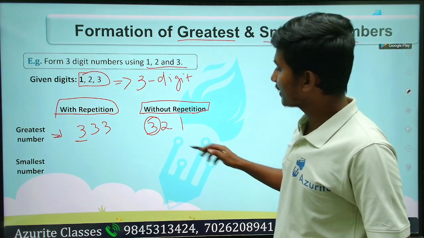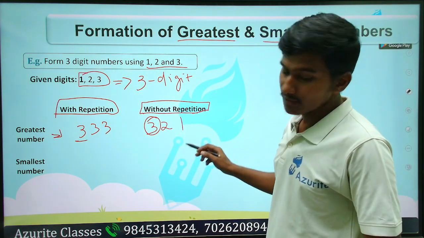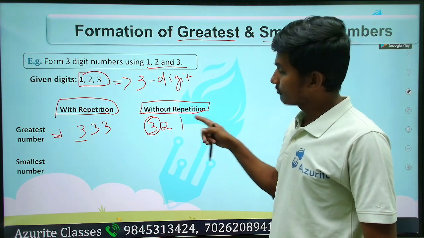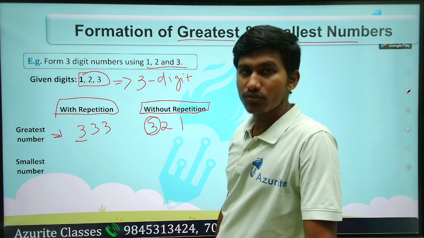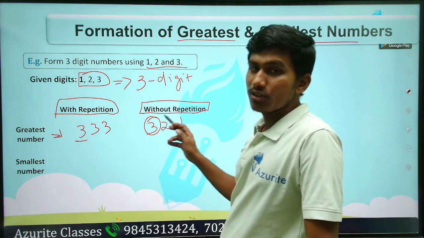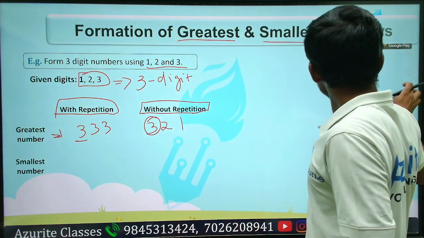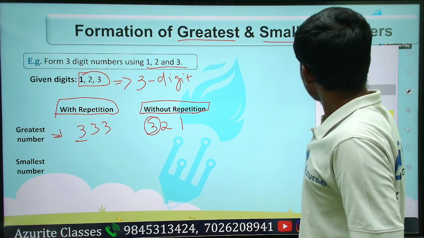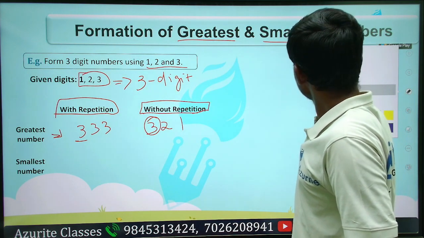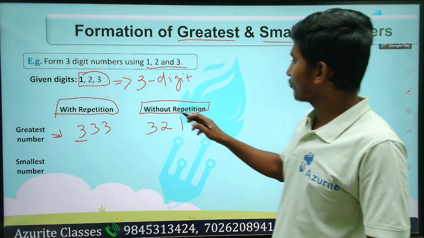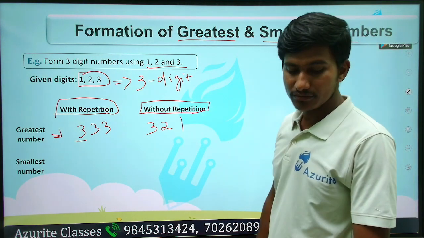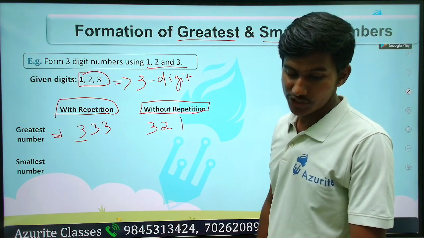So we have to write it in 3 to 1, that is descending order, bigger to smaller, decreasing order, to get the bigger number without repetition. Understand? That is the greater number. Got it? Good. So will everyone remember? For the bigger number without repetition, we have to write the bigger digit first.